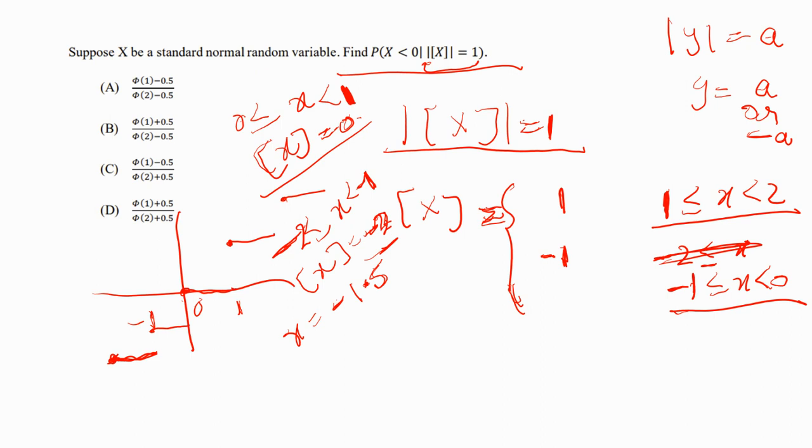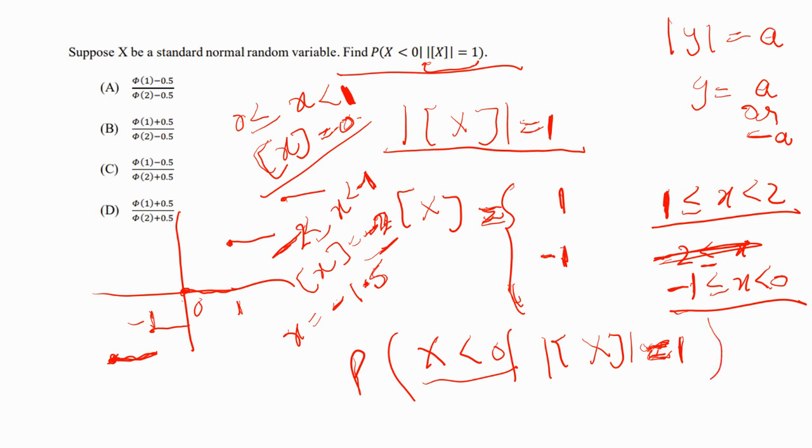Okay. Next, what we have is that x is less than 0 given greatest integer x is equal to 1. Now, if greatest integer x is equal to 1, it means x is in between 1 to 2. So x cannot be 0 at that point of time.